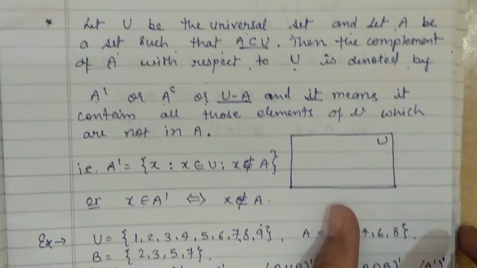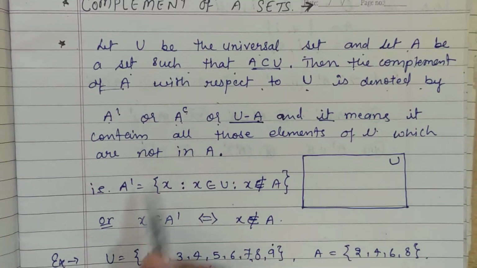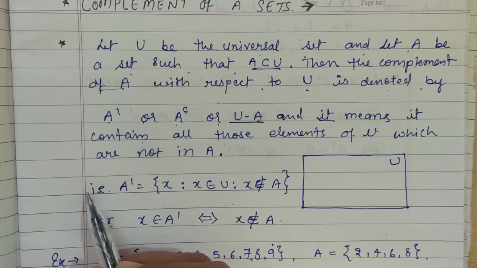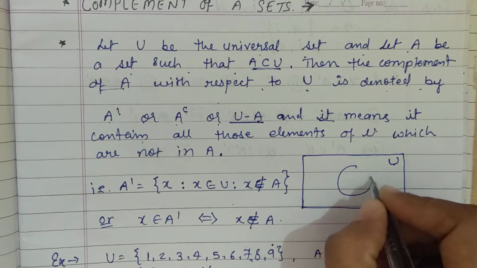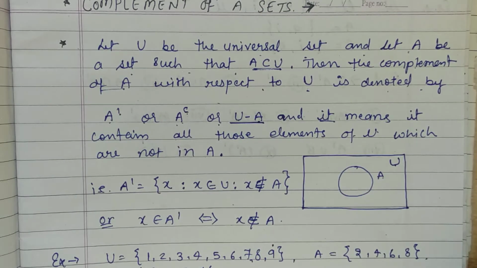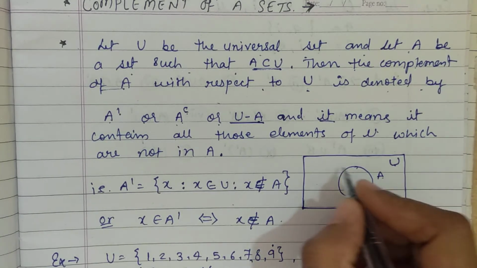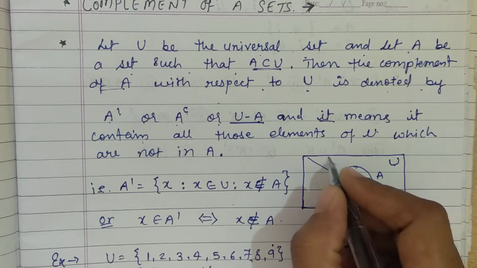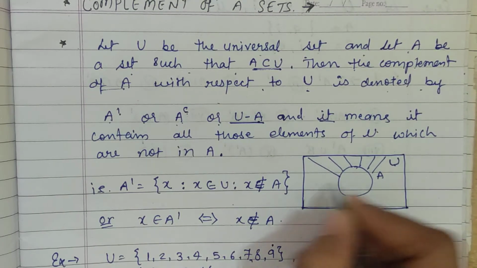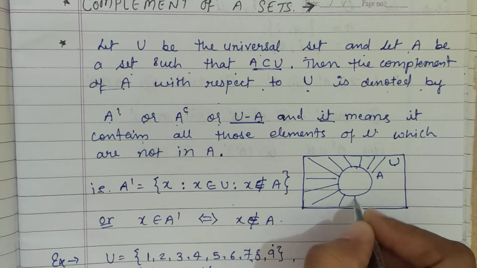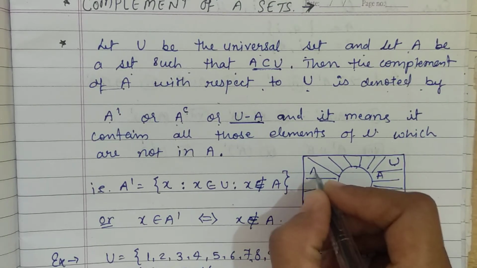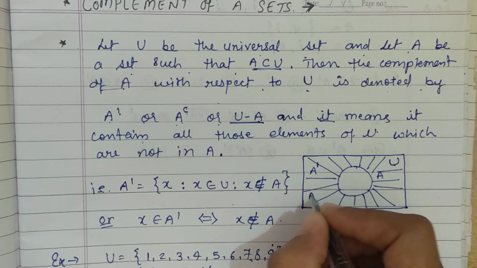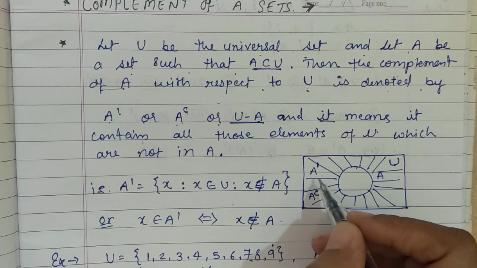For example, how do we denote it in set builder form? If U is a universal set and A is a set, what do you mean by A complement? This part shows that A complement means outside of set A. This whole part is known as A complement, or A to the power C, or A dash.